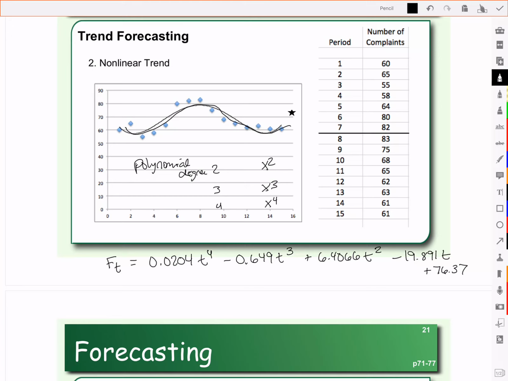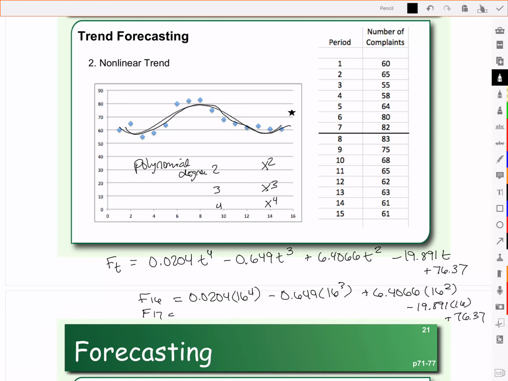We could use that formula though, and we could find the forecast for 16 and the forecast for 17. And if you were to use this polynomial, the way that it would work is you would take 0.0204, and if it's the forecast for period 16, it's 16 to the 4th, minus 0.649, 16 to the 3rd, plus 6.4066, 16 squared, minus 19.891 times 16, plus 7637.